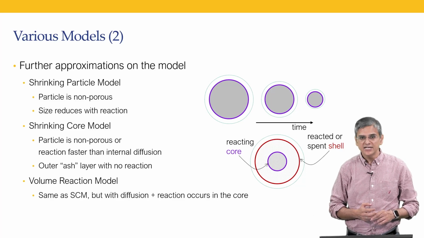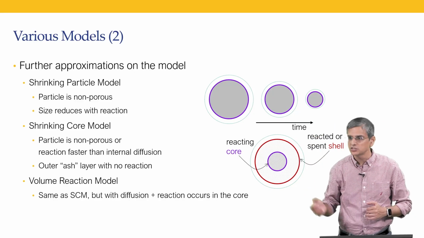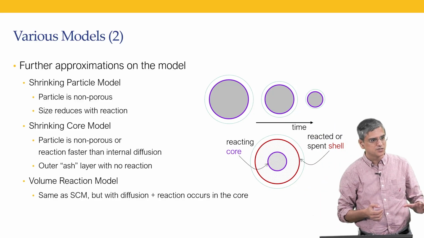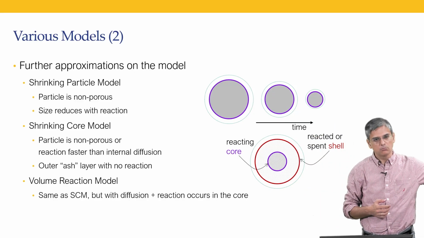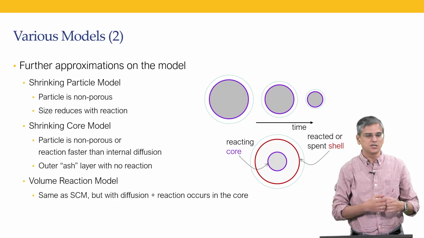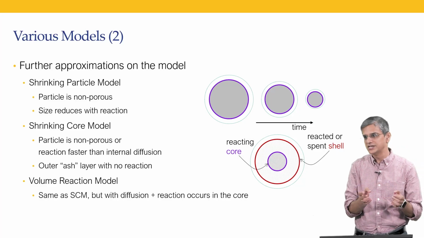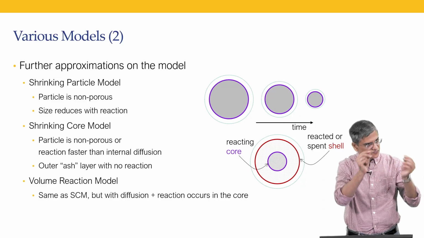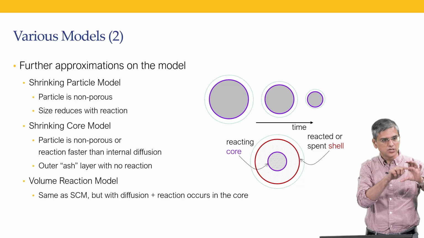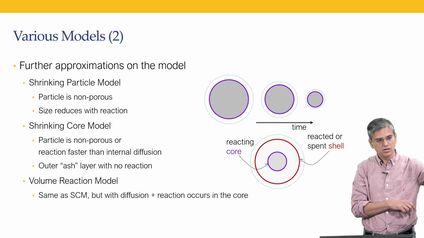Okay, and in a reactor, as time progresses or as we move along the length of the reactor, it's quite possible that one pellet goes through multiple of these regimes. When the pellet is very large, the rate of diffusion is very small and it behaves as if the reaction is taking place only on the surface. So it starts shrinking like the shrinking particle model.